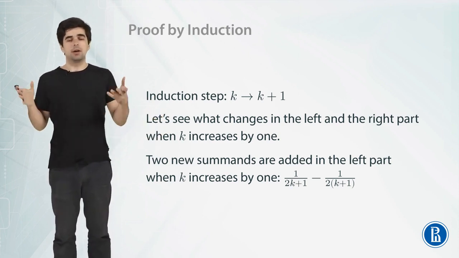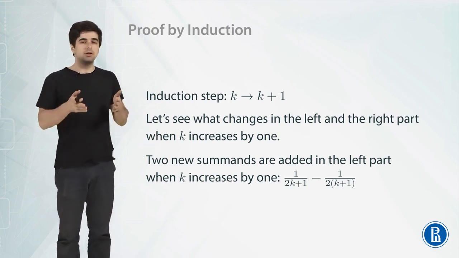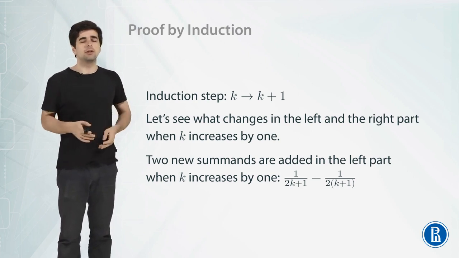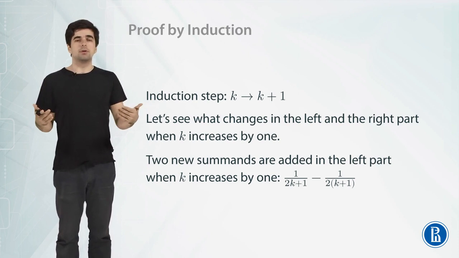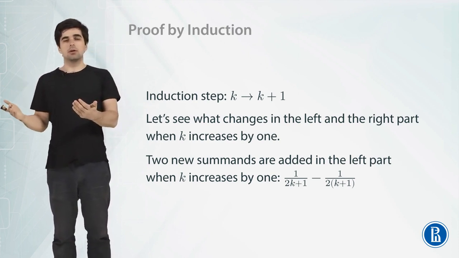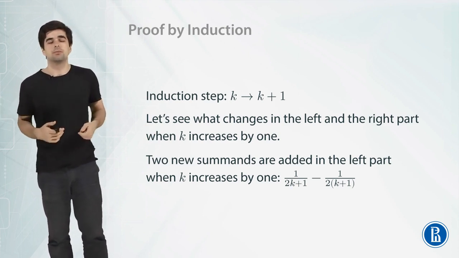Instead of comparing the whole left and right part for k plus 1, we will just compare the differences in the left part and in the right part. And if initially the left part is equal to the right part and the differences are equal, then the left part and the right part for k plus 1 are also equal.